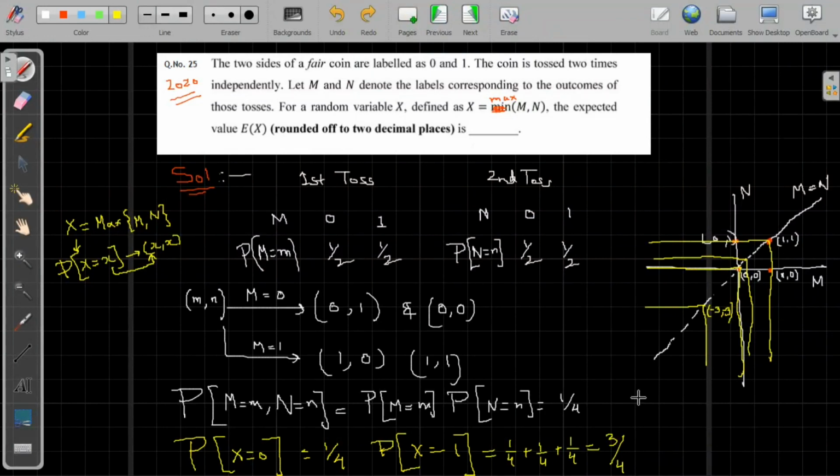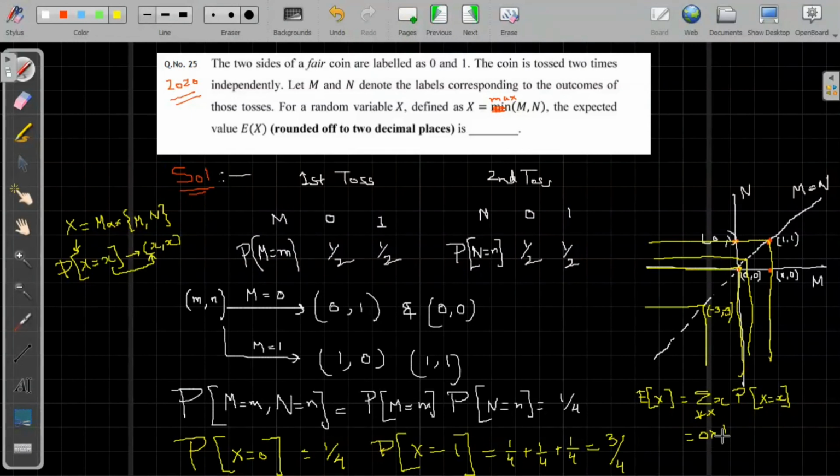So now we will calculate expectation of x, which is nothing but summation over x of x times the probability that x is equal to small x, for all values of random variable x. So it will be when x is 0, into its probability.